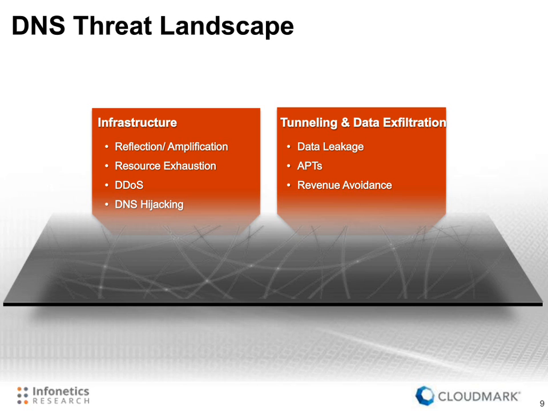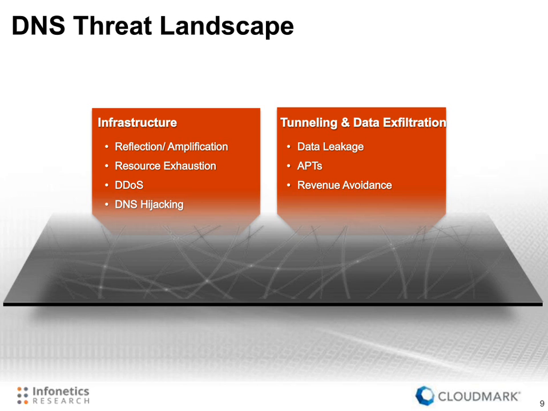And then the future, the thing that we're expecting, that a lot of people aren't watching and that can cause major problems moving forward, are the tunneling and data exfiltration attacks, which we'll talk about in detail. But there's opportunity for data leakage, advanced persistent threats, and revenue avoidance using tunneling over DNS.